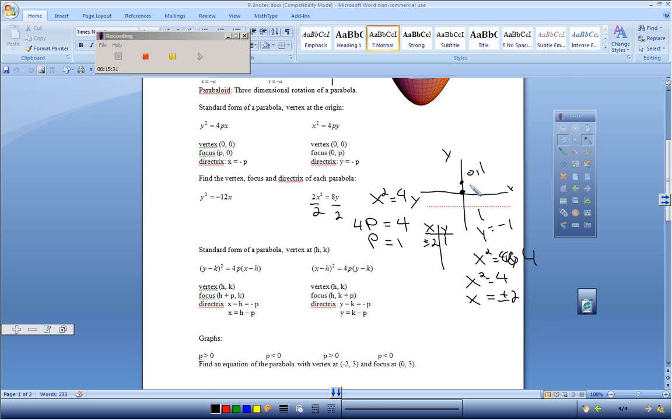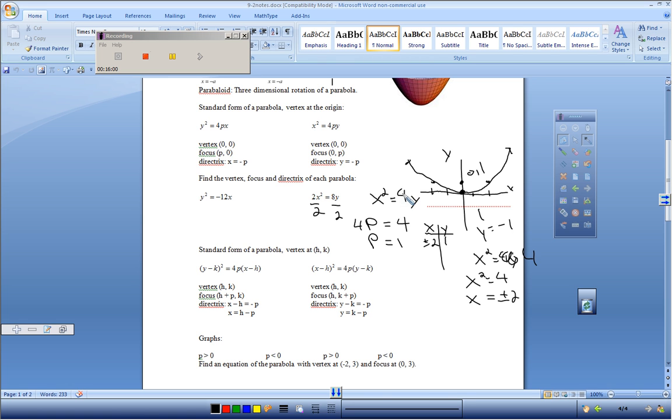So up here I have x equals positive 2 and x equals negative 2. I'd say that this is 1, this is 2, 1, 2. And so I get this graph that's kind of a fat parabola. It's kind of hard to draw this, but I get a parabola that looks like this.